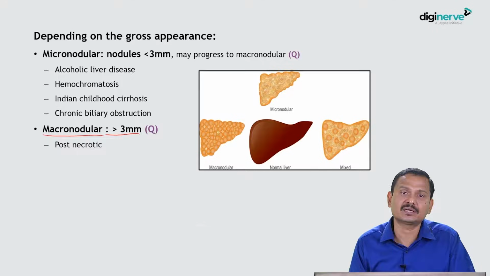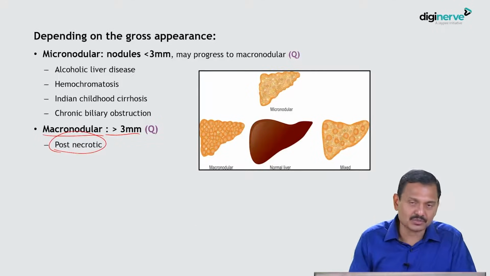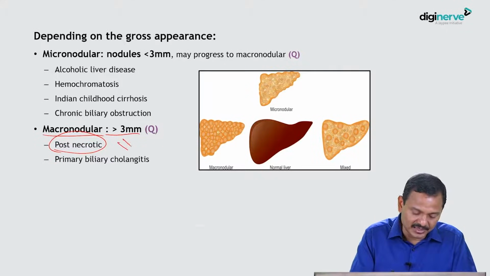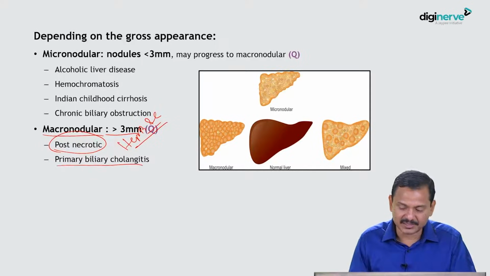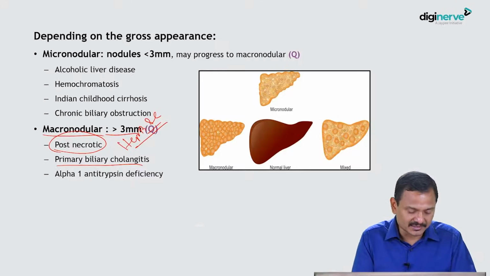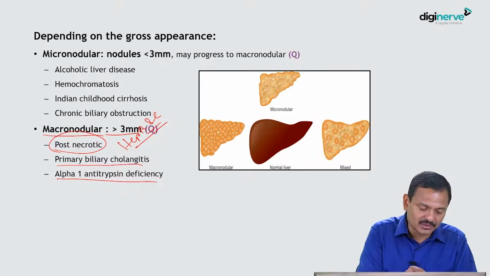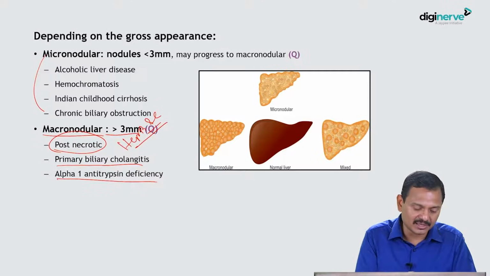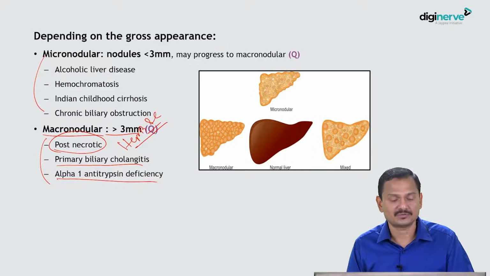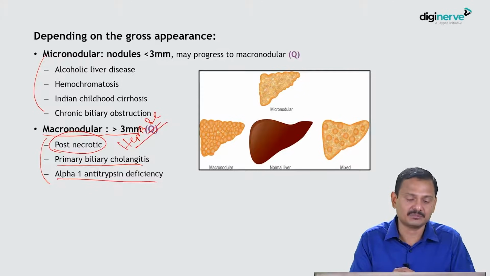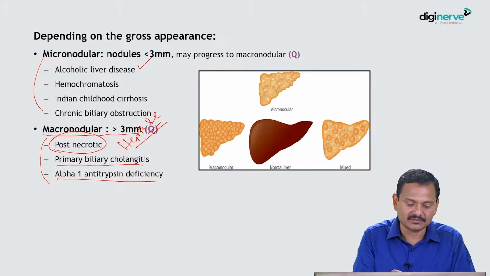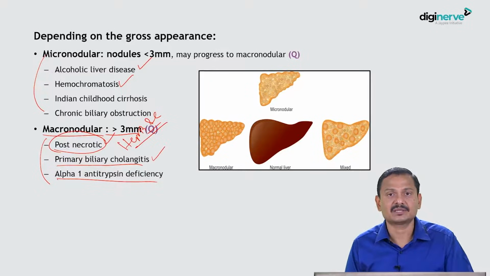Now the macronodular most important cause is post-necrotic, that is relating to hepatitis B and C, and the second is primary biliary cholangitis, the third is alpha 1 antitrypsin deficiency. So for the causes of micronodular as well as macronodular, at least try to remember 2 in each. Here alcoholic liver disease and hemochromatosis, here post-necrotic and primary biliary cholangitis.